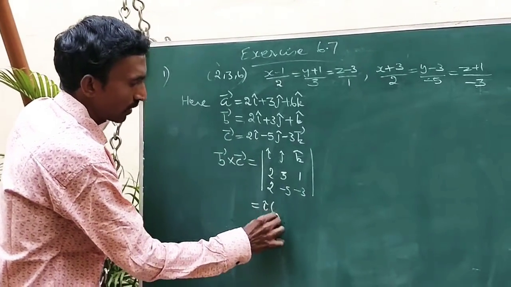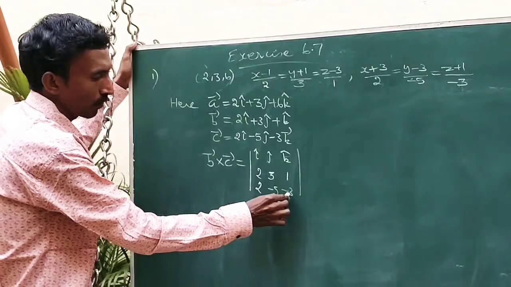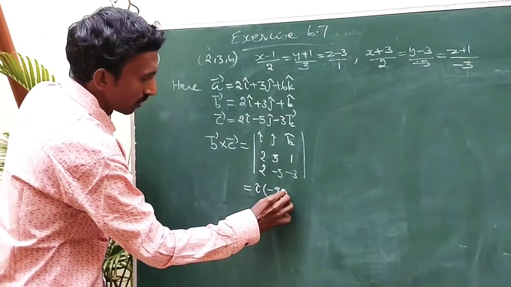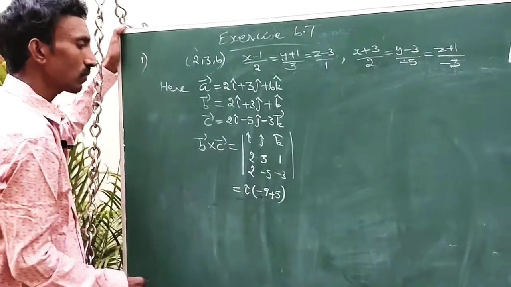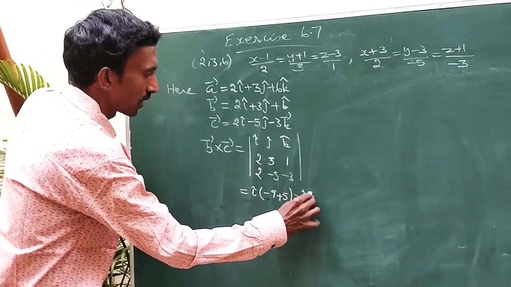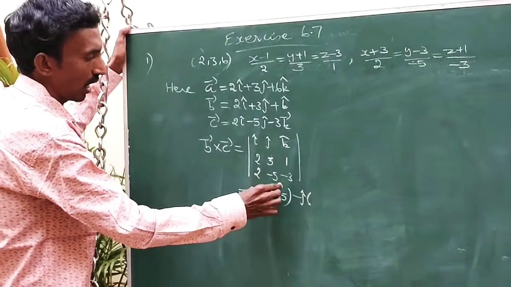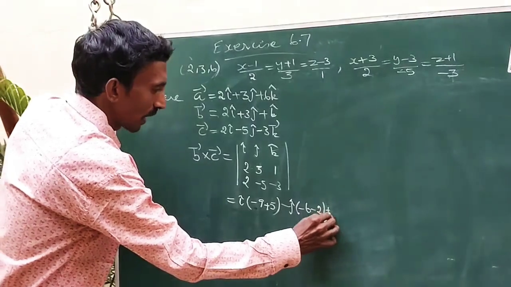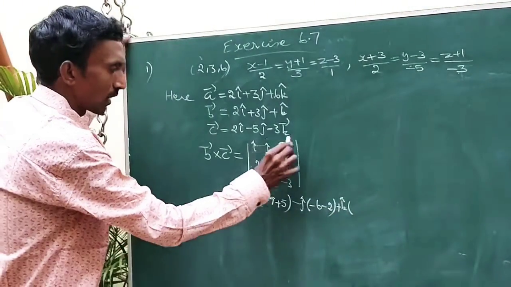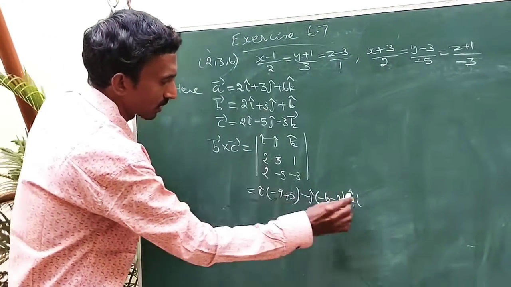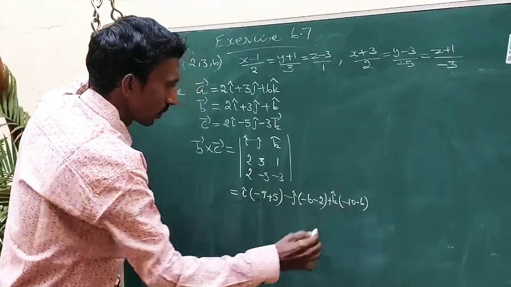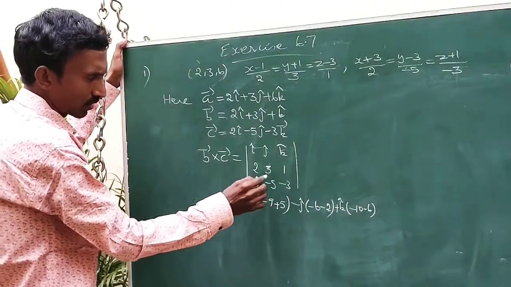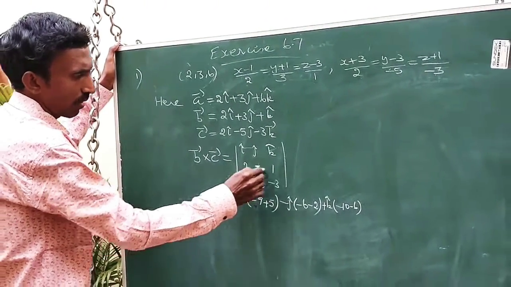So i cap into minus 9 plus 5, minus j into minus 6 minus 2, plus k into minus 10 minus 6.